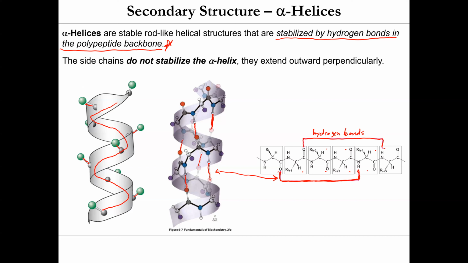So alpha helices are these rod-like, ribbon-like structures that are stabilized by hydrogen bonds in the polypeptide backbone. That allows the side chains to stick out perpendicularly from the alpha helix, which is also thermodynamically stable because these potentially bulky side chains are able to stay away from each other on the alpha helix.